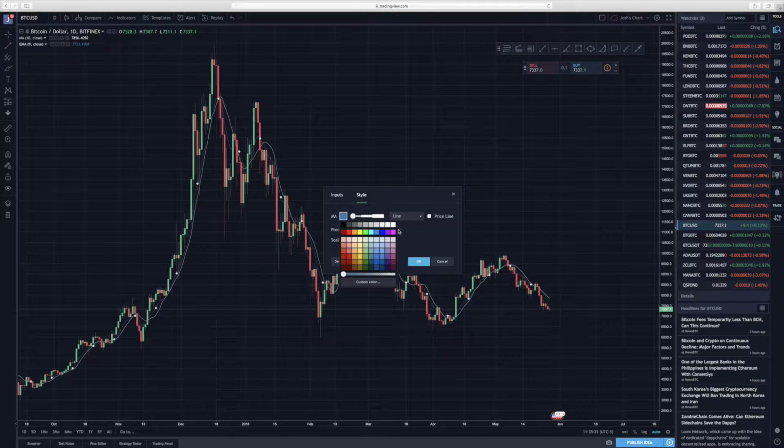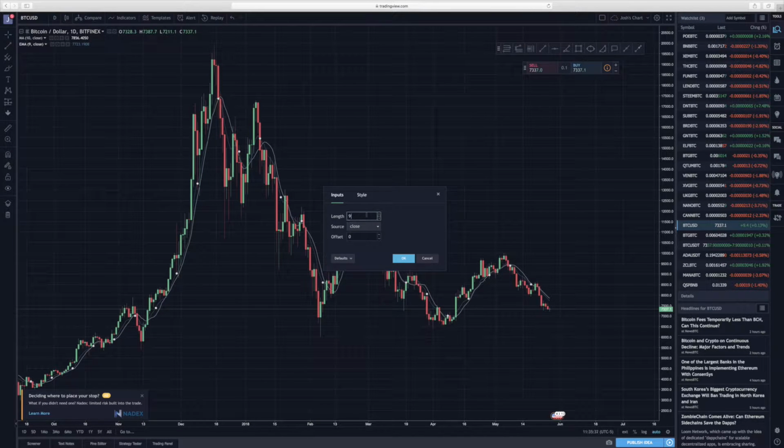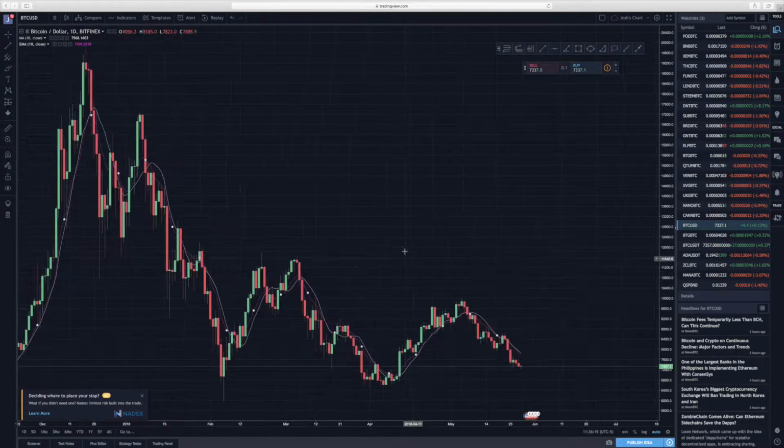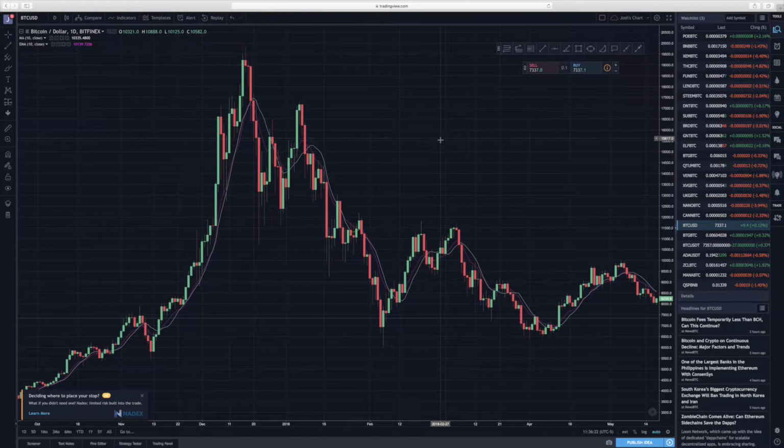The simple moving average is just the last 10 candles divided by 10, and that'll give you a certain value. This will weight the value of the more recent prices a little bit heavier than those earlier prices, right? All right. So as you can see, the moving averages follow the trend of the chart.